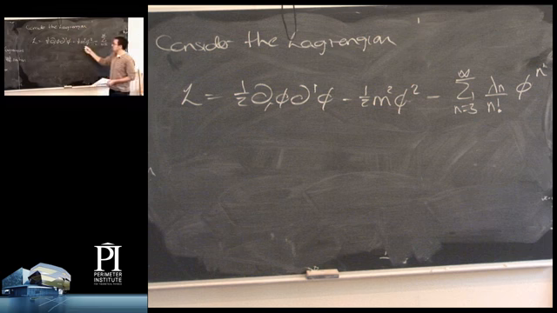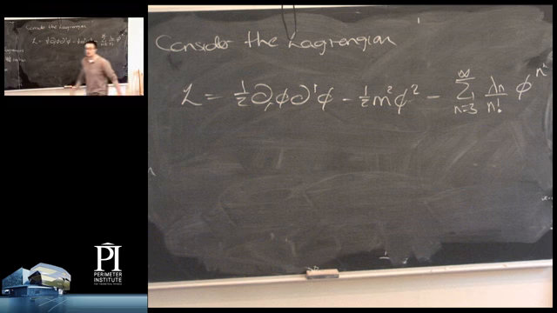If I'm now considering anything that's not quadratic in the field, that gives me an awful lot of extra terms. Phi to the n for any n. So let me just write them like this. The n factorial is merely a convention.